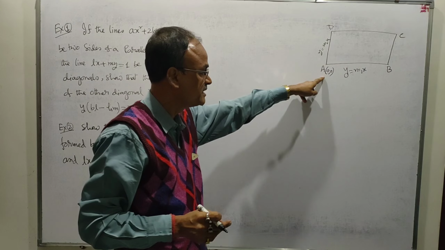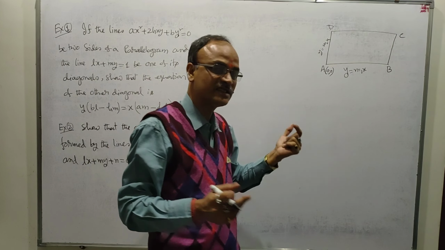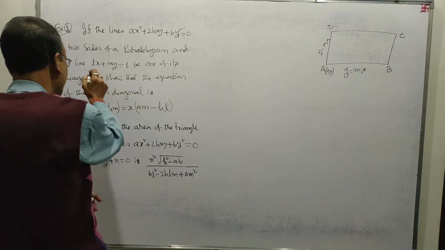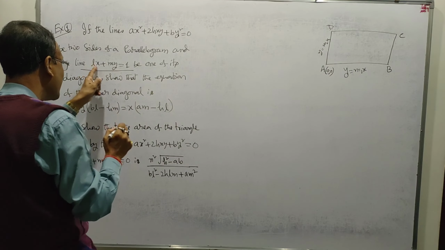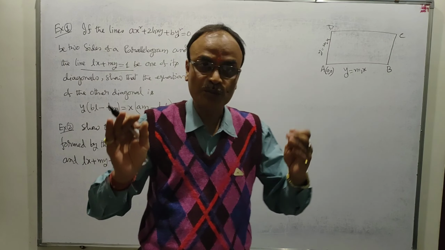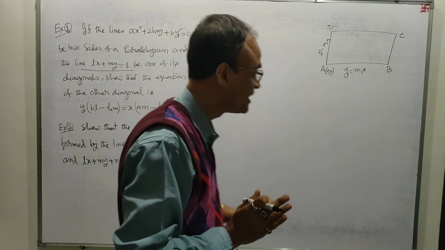The point of intersection between these two straight lines is 0, 0. And we are given that lx plus my equal to 1 is the equation of one of the two diagonals.